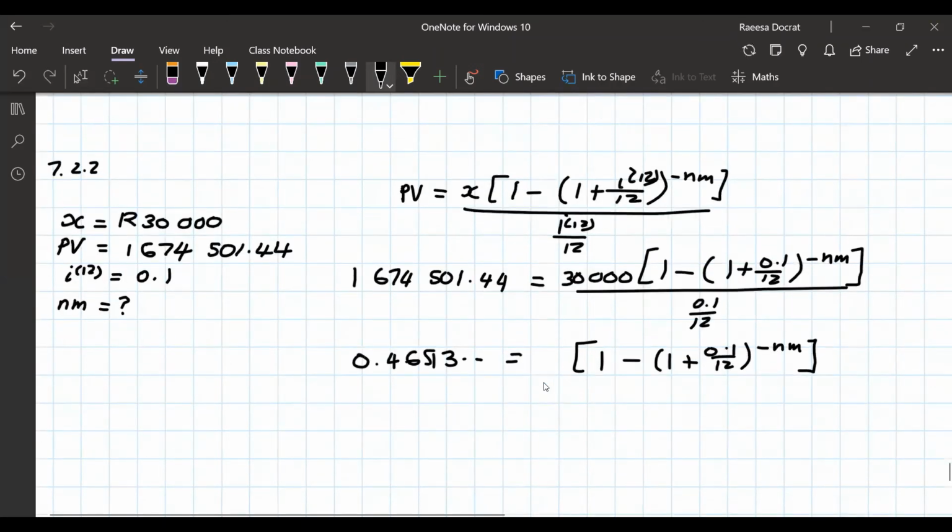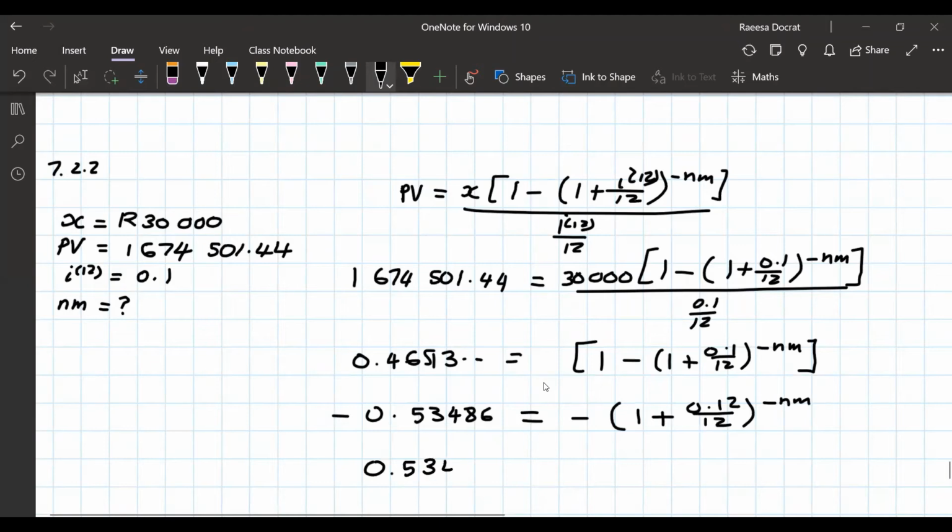So then we're going to get 0.53486. Okay, let's do it step by step. So first subtract on both sides. Okay, then we divide both sides by a negative. So we get 1 plus 0.1 over 12 to the power of minus nm.